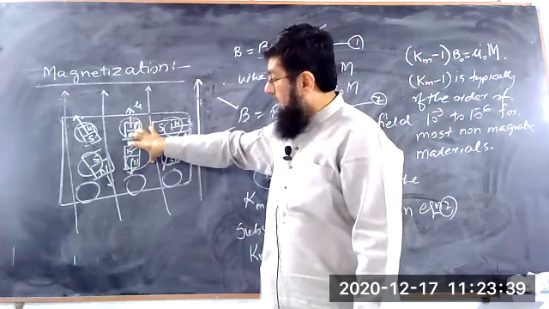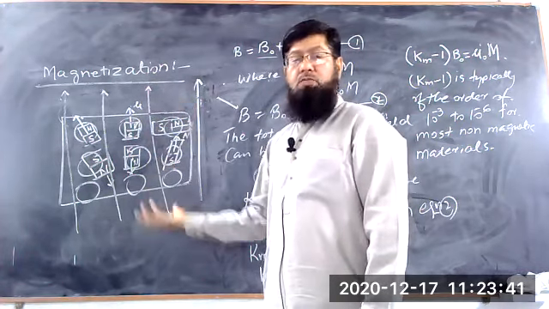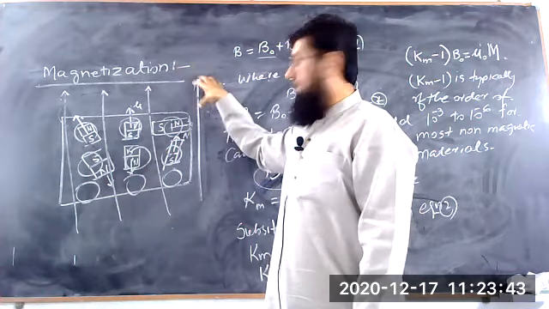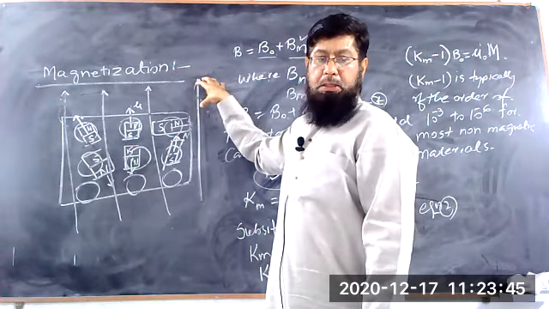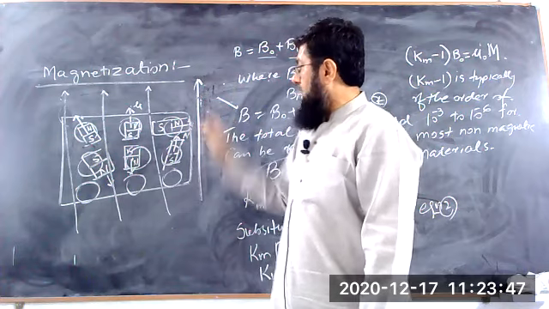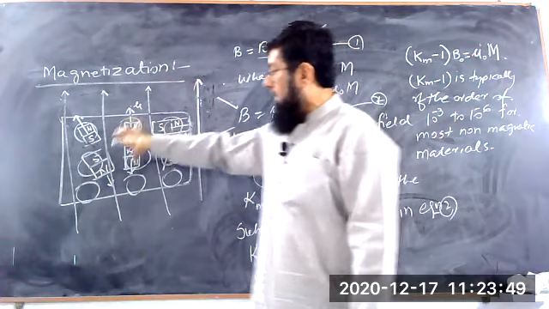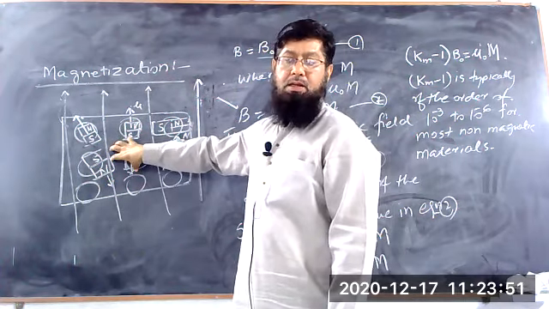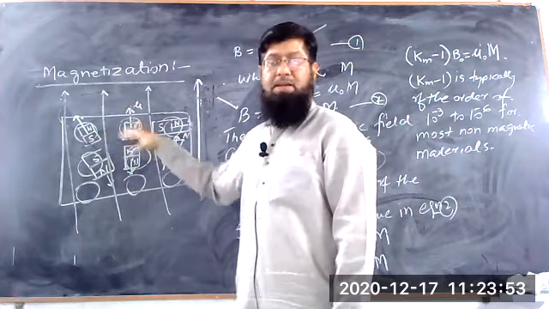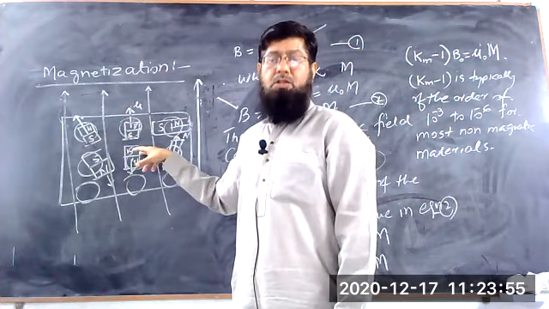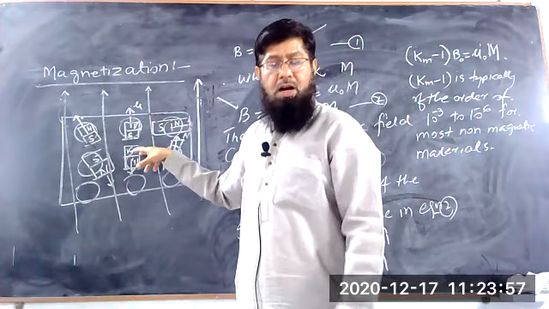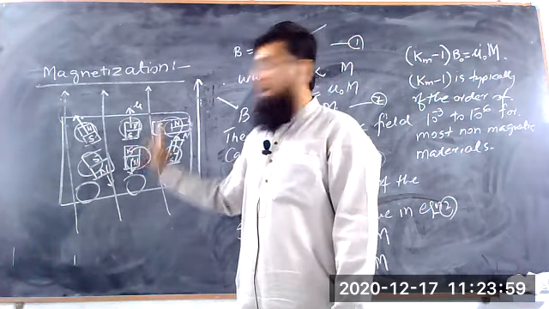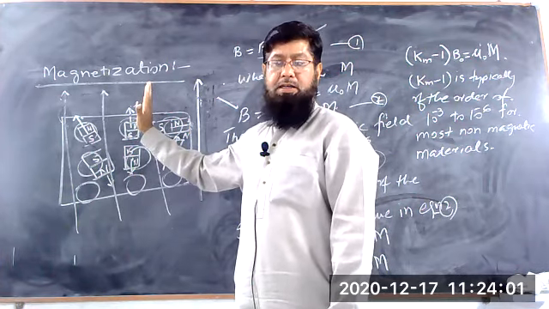It means the dipole moment per unit volume is now aligned in the external magnetic field. The total magnetic field is the external magnetic field plus the magnetic field of the material. Now when they are aligned, the magnetic field of the material is non-zero because they are not randomly oriented but are oriented in a particular direction.